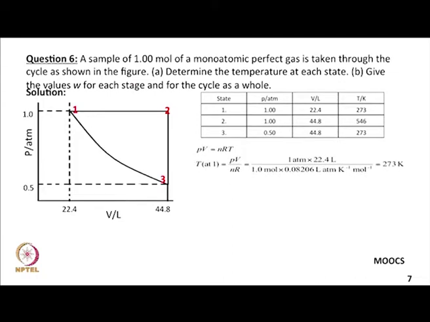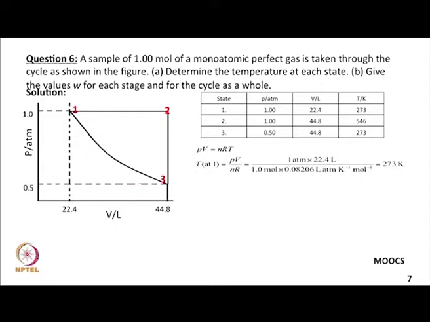So, T is equal to PV by nR at stage 1, where pressure is 1 atmosphere, volume is 22.4 liter, n is equal to 1, R used in liter atmosphere per Kelvin per mole, and you get a value of 273 Kelvin. That is state 1.